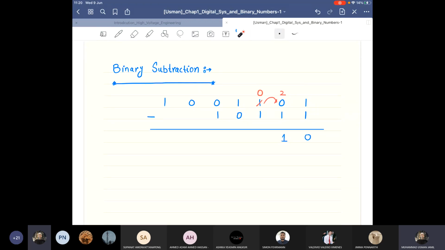Then again 0 minus 1 is minus 1, so we cannot. Again we have to take this 1 over here. So when we go here, it is again 2 because 1 0 is 2. Then 2 minus 1 is 1 again. And now this was 1, so this is again 0.